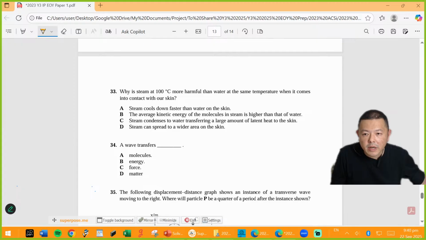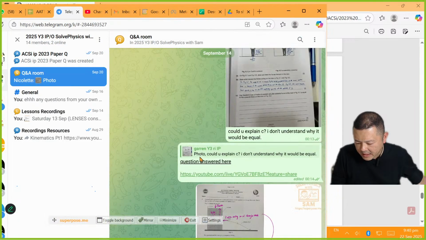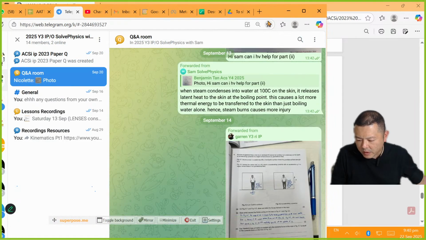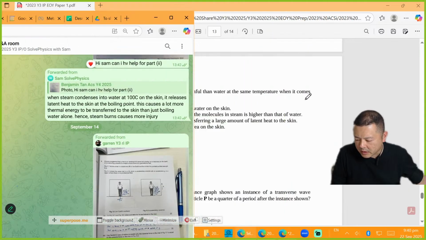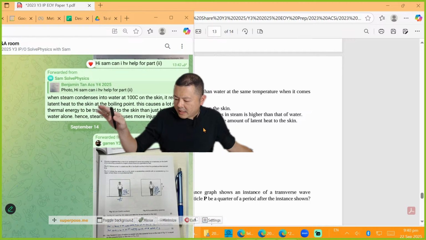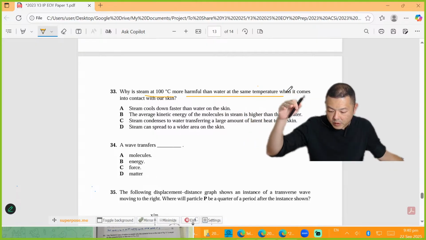Yes. Okay, so in the Telegram, I forwarded a statement the other day, one from one of my year 4s doing a similar question. So this is my answer. It says, why is steam at 100 degrees more harmful than water at the same temperature when it comes to contact with our skin?